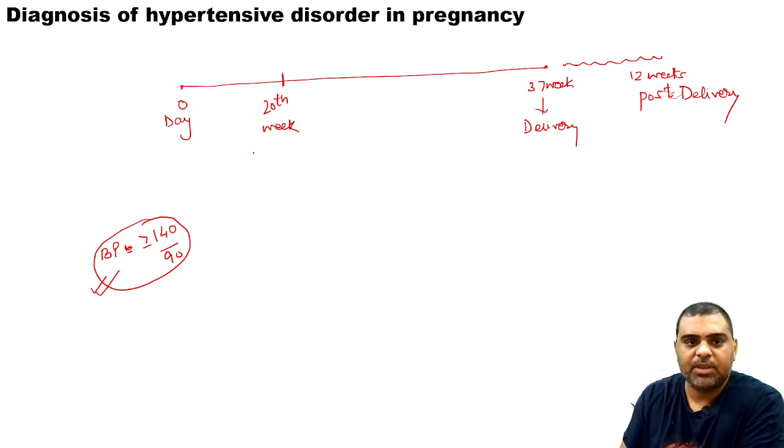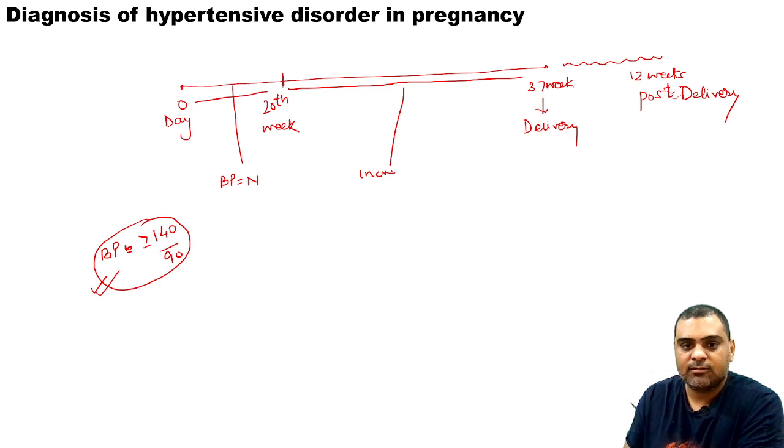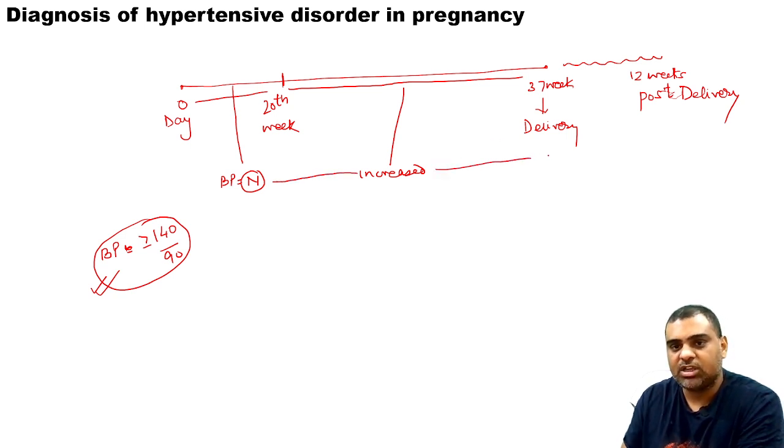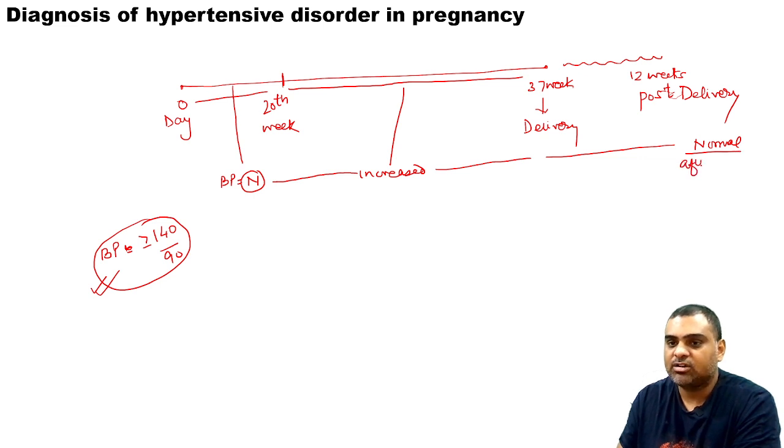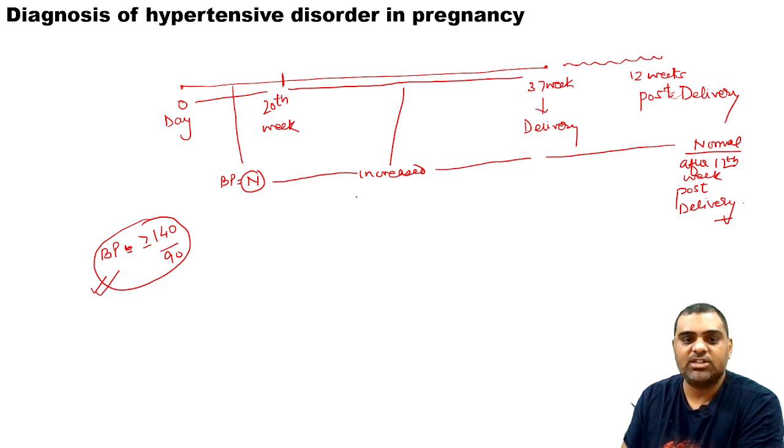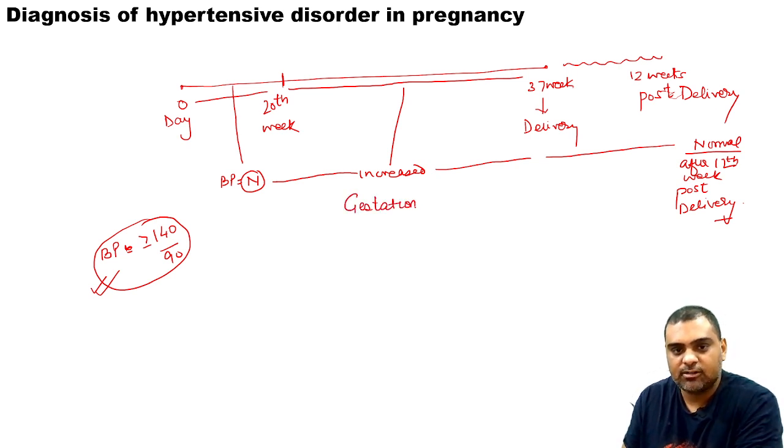If a lady's BP was normal from 0 to the 20th week, and after the 20th week BP increased, which remains increased till 37 weeks and even after delivery, and it becomes normal again after 12 weeks post delivery, such a lady will be called to have gestational hypertension.